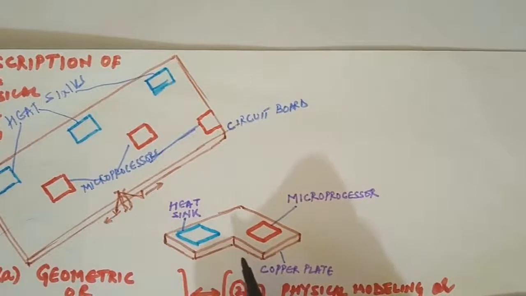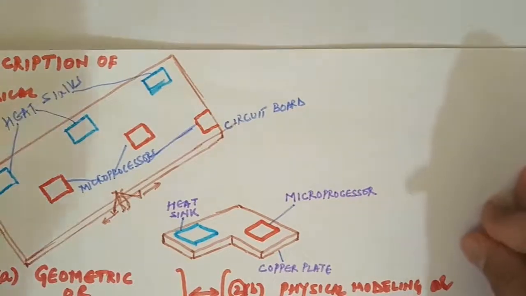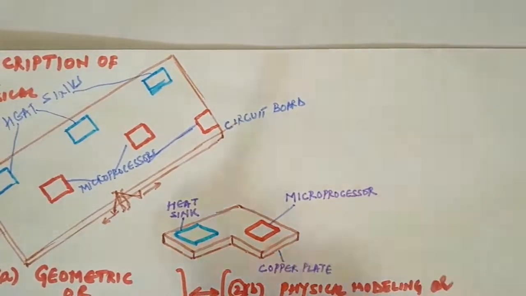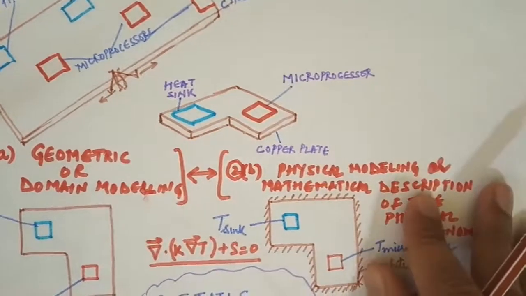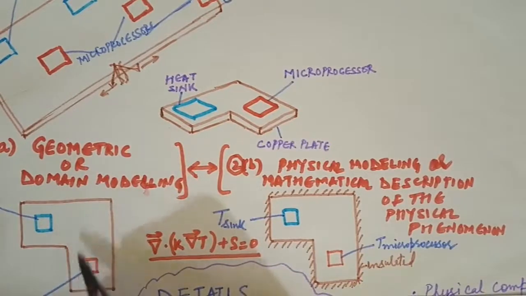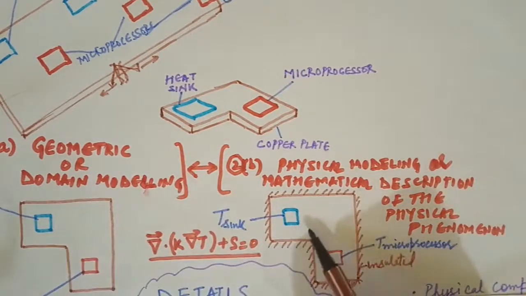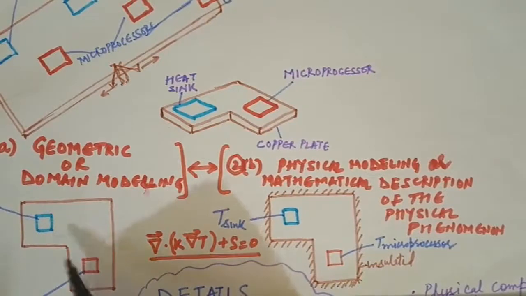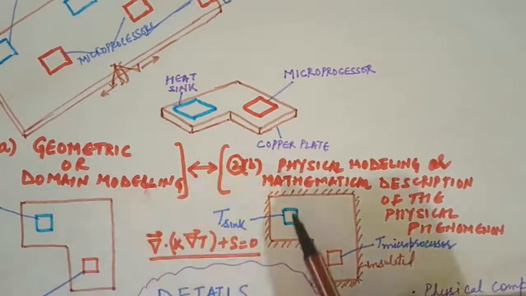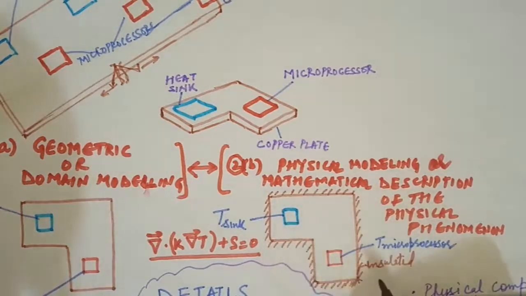So this kind of simplification is done through physical modeling, or mathematical description of the physical phenomena. We see here that this represents the simplified geometric domain, and to model this mathematically we need to assign a temperature to this sink and to this microprocessor.